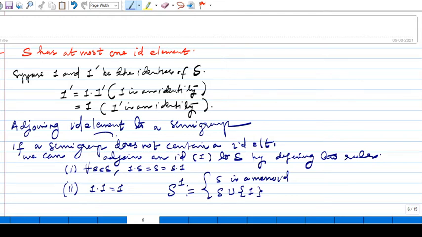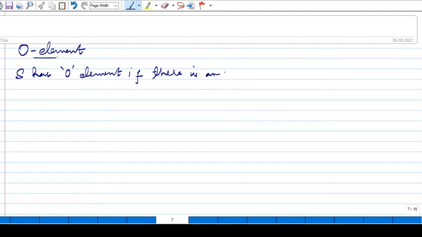We say S has a zero element if there is an element, say 0, such that for every s in S, 0 times s equal to 0 equal to s times 0.